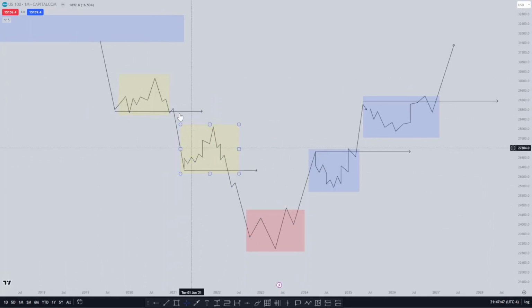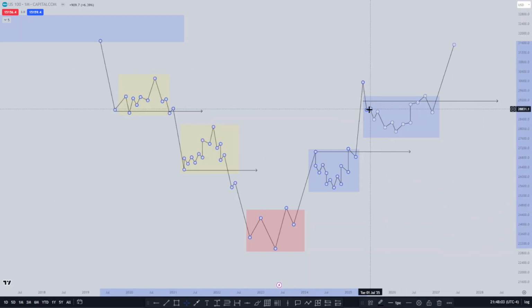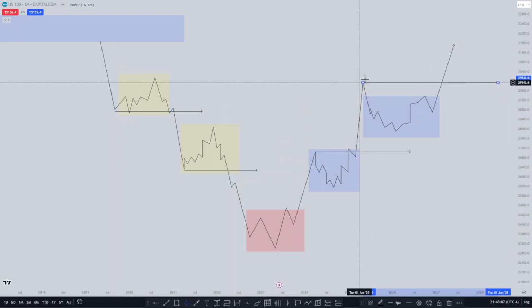It looks like a retracement lower. This is a retracement higher. This is a retracement higher. This is a retracement lower. Retracement higher. Every retracement, because this is the retracement high, meaning this is our market maker buy model high.